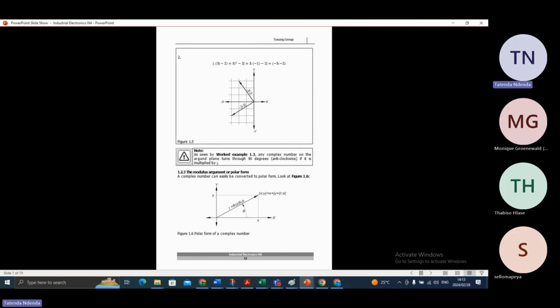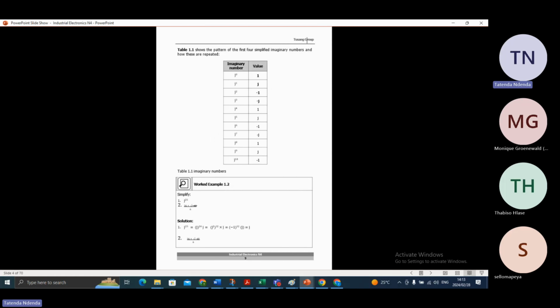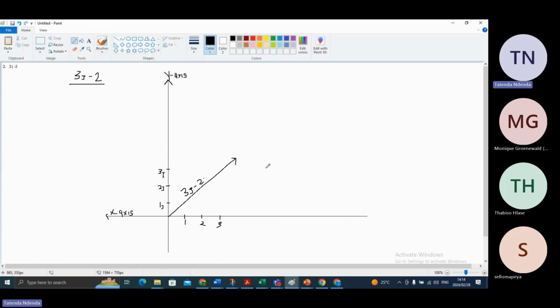All right. So I want you guys to draw for me 3 plus or minus 2j. I want you guys to have a diagram for this. May you draw this diagram, both of them, because remember, the first diagram is going to be number 1.